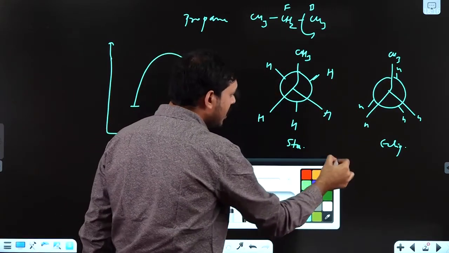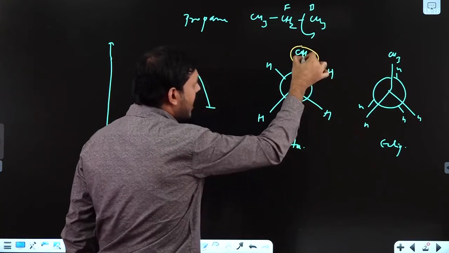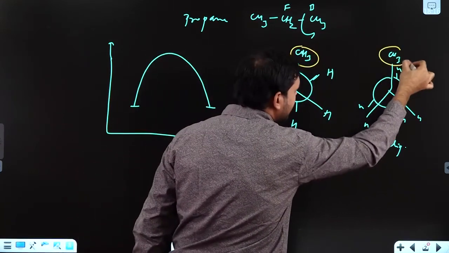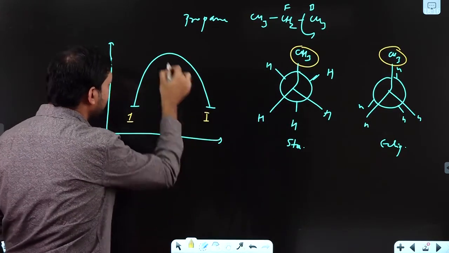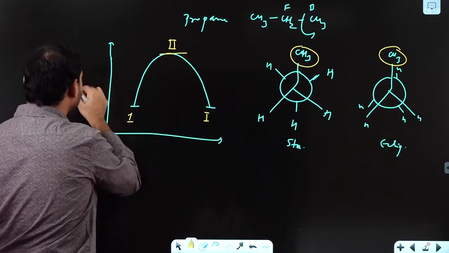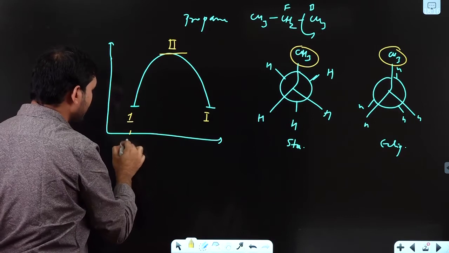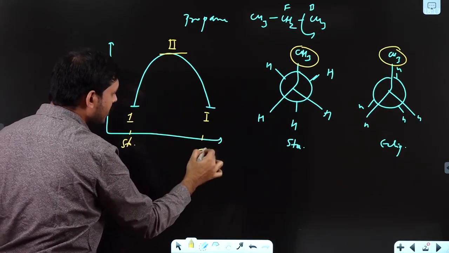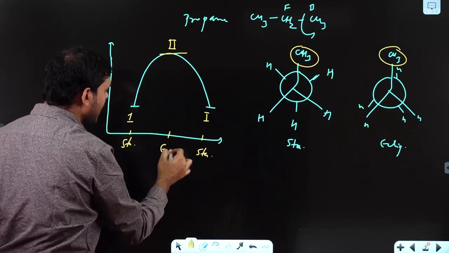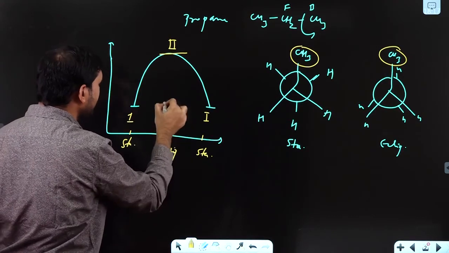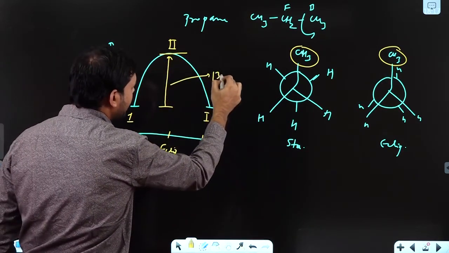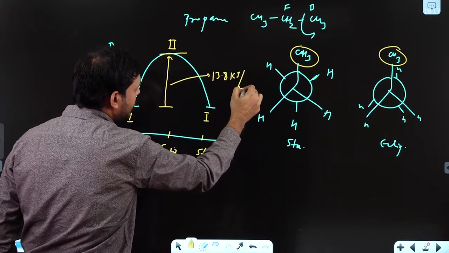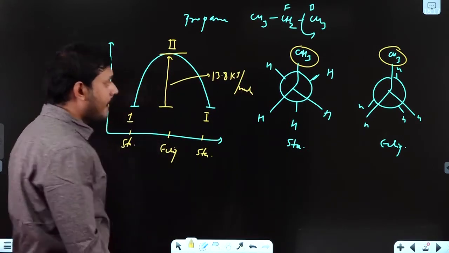Because the groups are bulky here. Hydrogen is replaced by CH3. So if this is 1 and this is 2, potential energy versus staggered, staggered and eclipsed, this energy must be higher. Here it is approximately 13.8 kilojoule per mole.